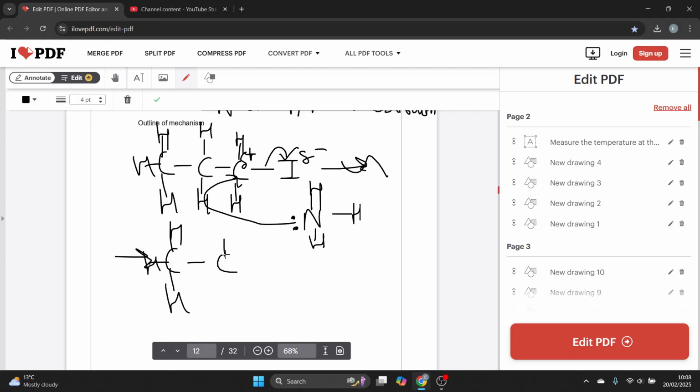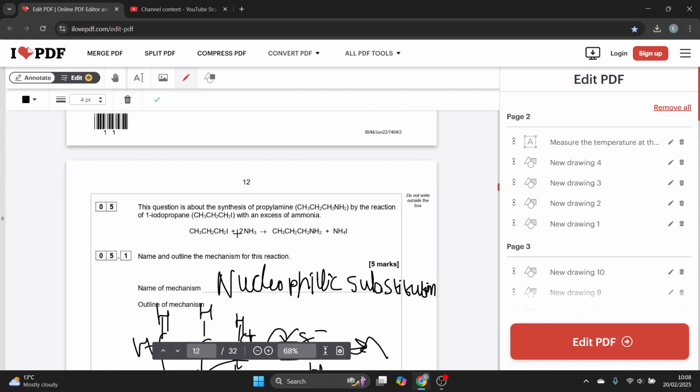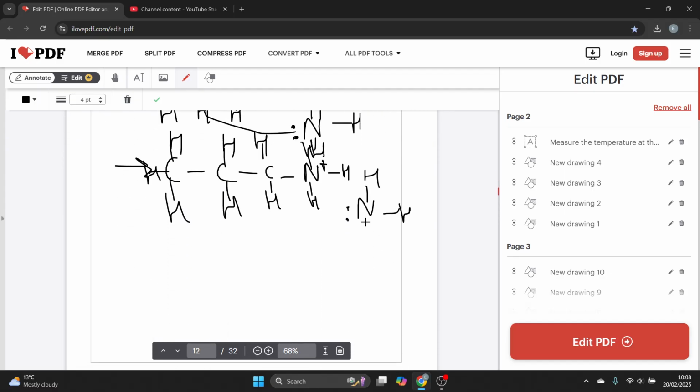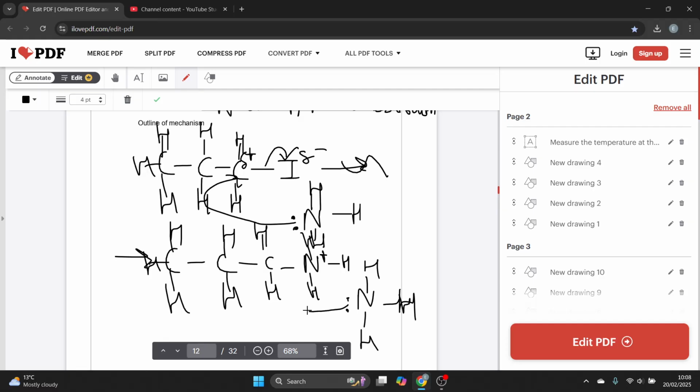NH3 replaces the I, and then nitrogen is positively charged. Then there's a lone pair of electrons on another NH3. The equation shows 2NH3, so I'm going to use 2 molecules. The second acts as a base and takes a proton. There you go.